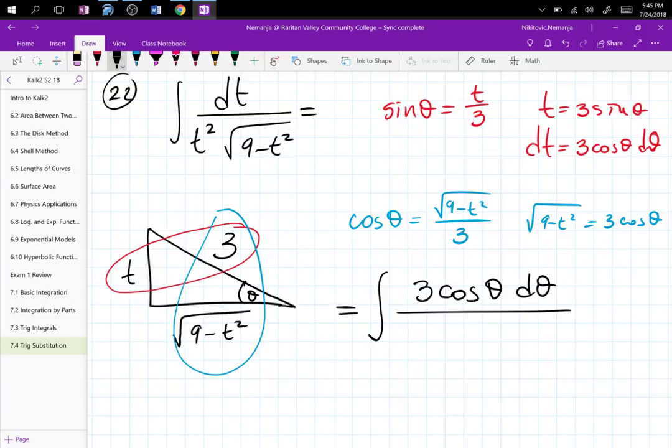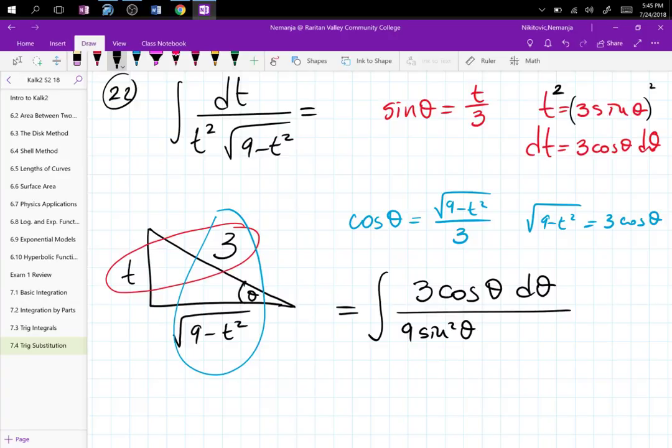Well, I need to square t, so that's going to be 9 sine squared theta, right? We need to square this t. Maybe I should put parentheses on the other side, like this. So we differentiated before we do the square, and then after that we square because we need t squared for the equation.